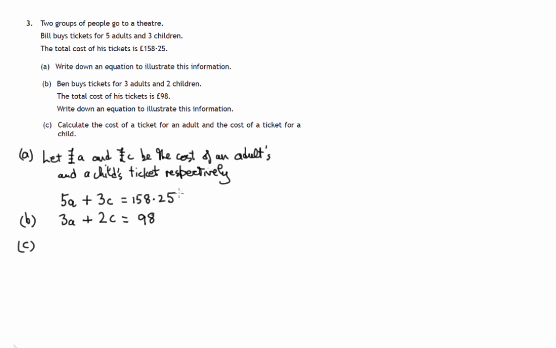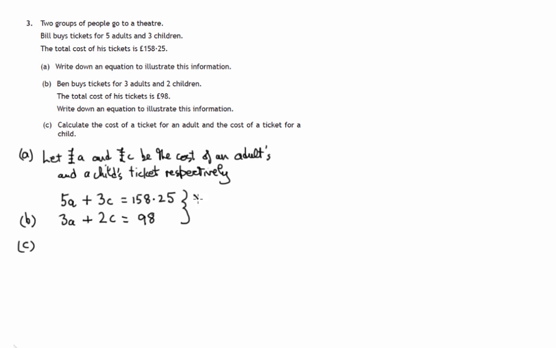So we have to solve these 2 equations simultaneously. And the way to do that is either to get these 2 coefficients, 5 and 3, the same by multiplying both equations by different numbers, or to get the coefficients of the C letter here the same. 3 and 2 both go into 6.